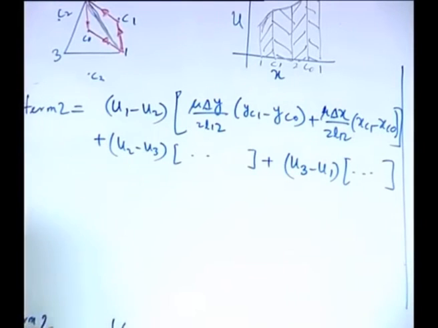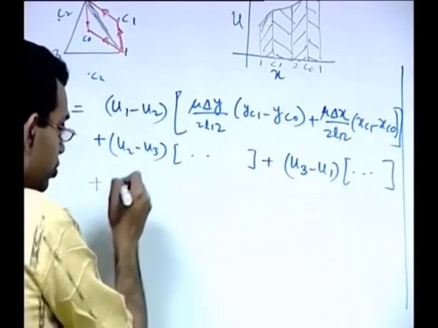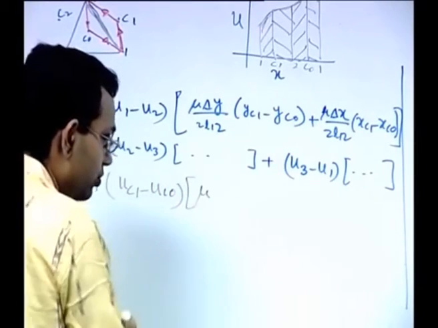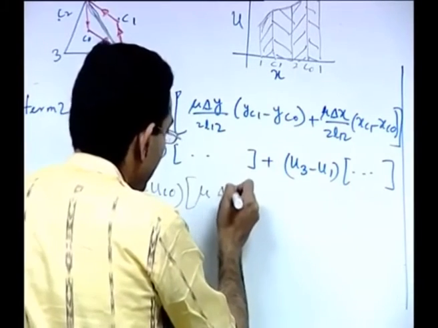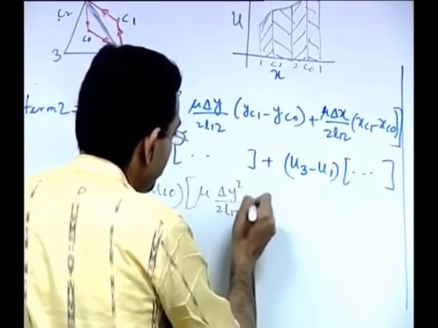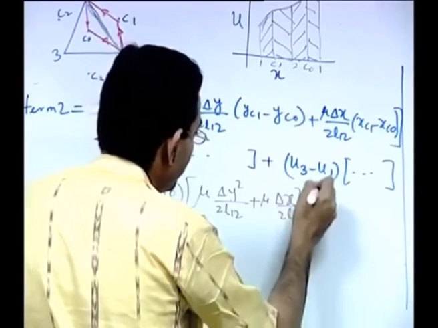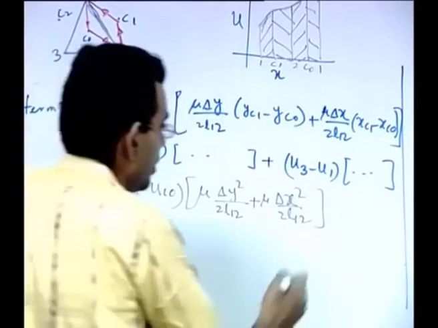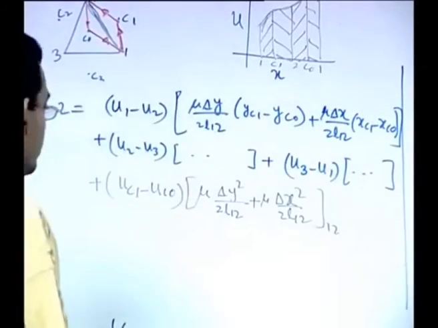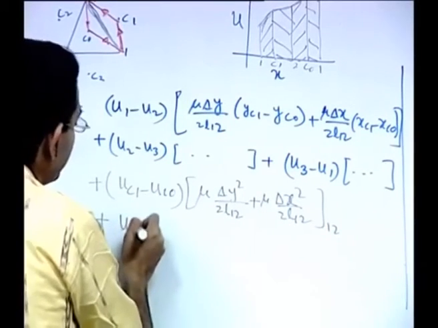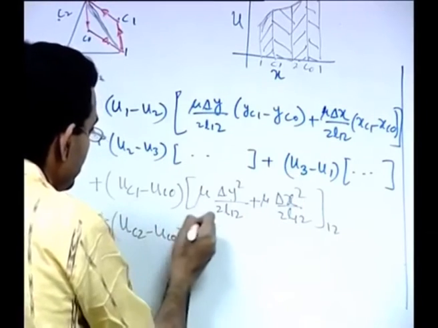Then the other type of term, plus uc1 minus uc0 into mu delta y square by 2 L12 plus mu delta x square by 2 L12 for the edge 1 2, plus uc2 minus uc0, there will be a similar term.